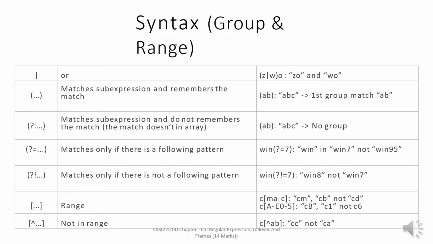Next is range in the square bracket. It will match the range, for example [a-c] matches a, b and c, not d, meaning it will display only the characters in that range. And caret inside, [^ab], means not in the range, meaning it will exclude a and b.